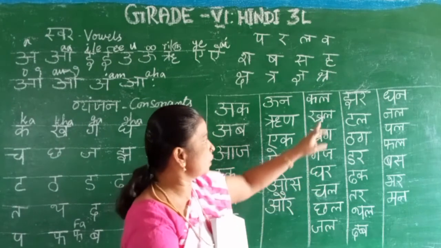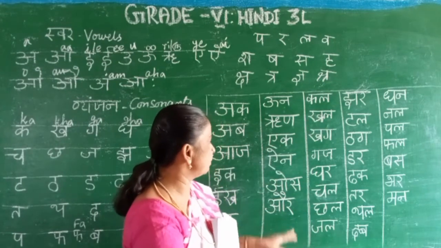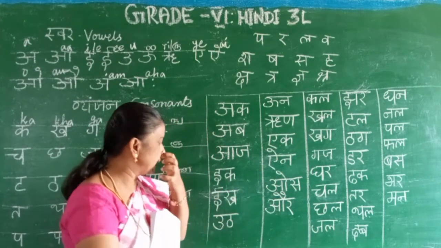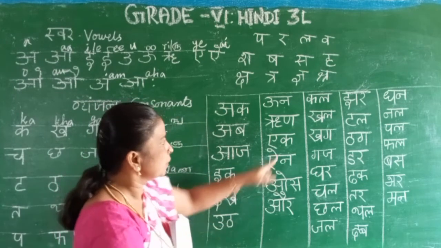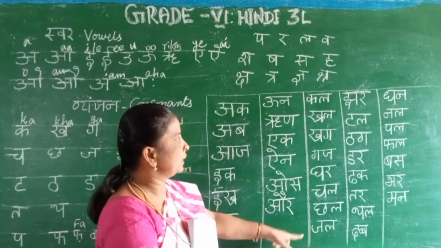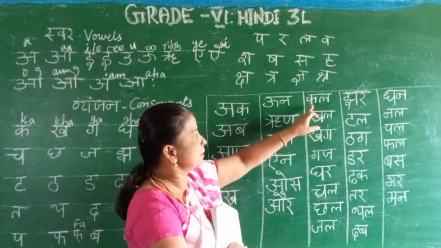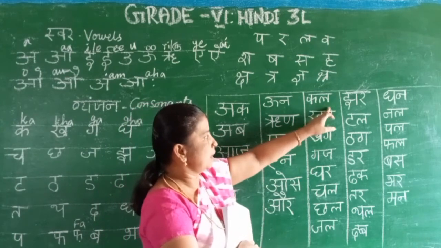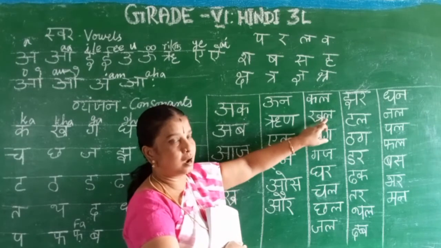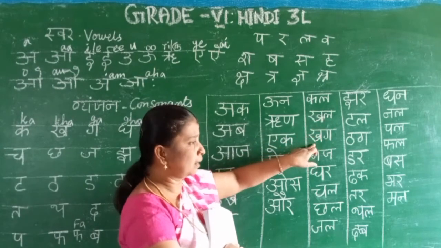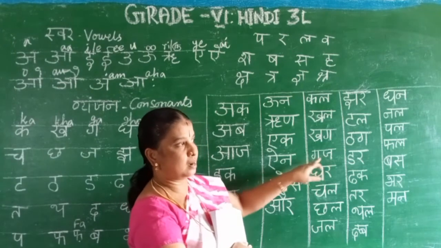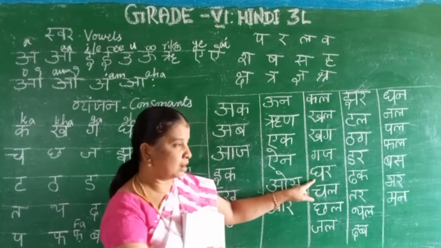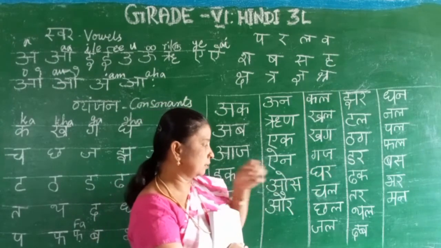Once again I read the consonant letters only. See, because you have already read the vowels, the beginning vowel sound, 1, 2 or 3 times. You listen very carefully to these two letter words. Ka la kal, kha la khal, kha ga khag, ga ja gaj, gha ra gar.